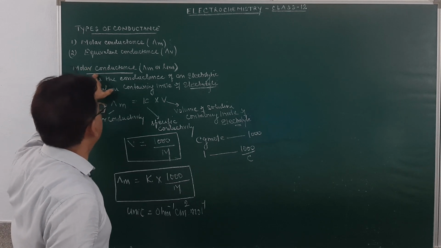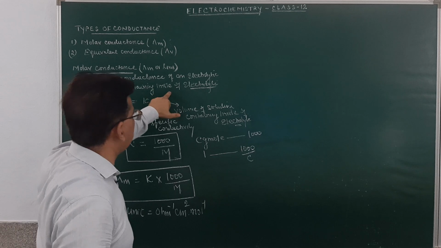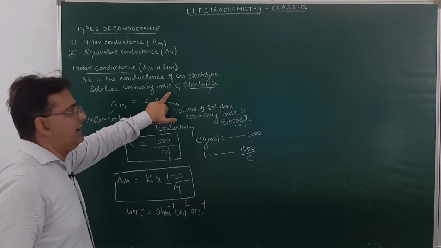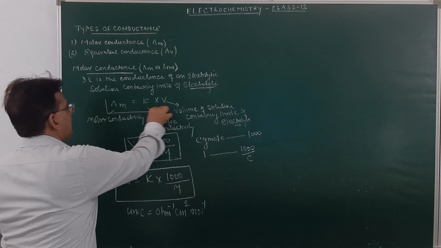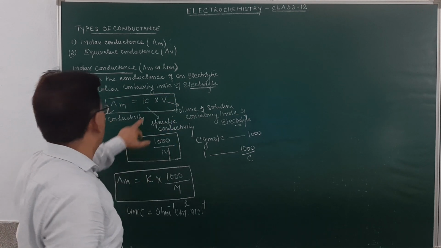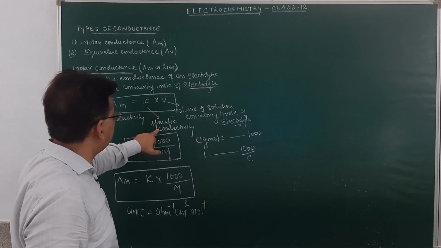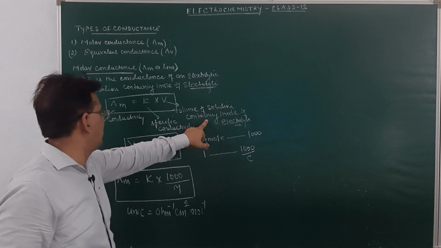So, what is molar conductance? It is the conductance of an electrolytic solution containing 1 mole of an electrolyte. Molar conductance will be equal to kappa into dilution. Kappa is specific conductance, dilution is the volume of a solution containing 1 mole of the electrolyte.